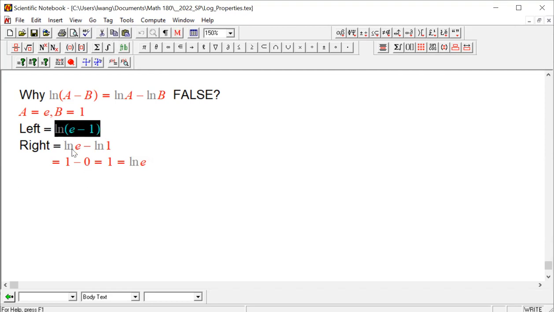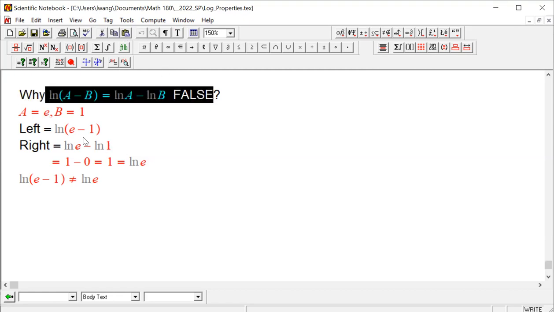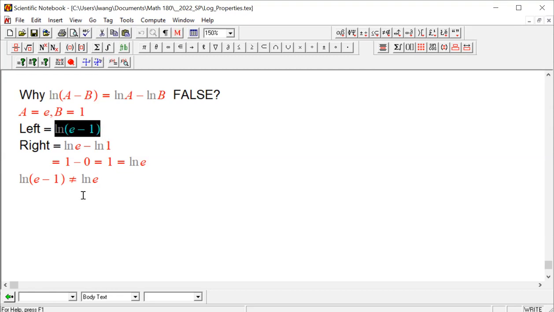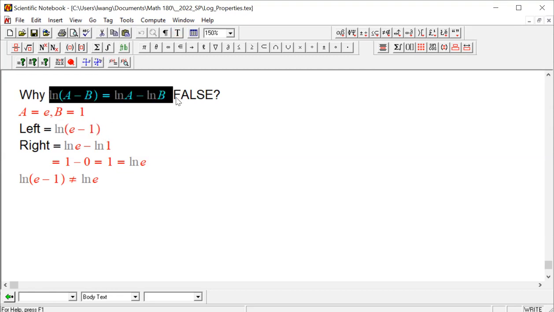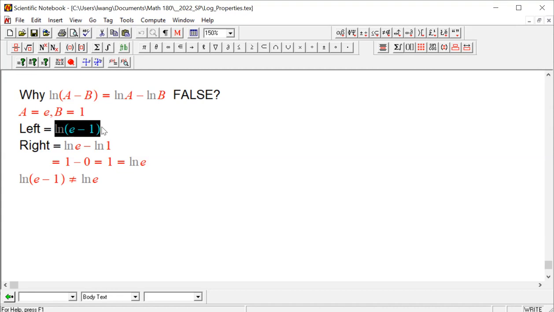The left-hand side, in this case, is not the same as ln e. That's rather obvious. And that also means this piece is not the same as this piece.